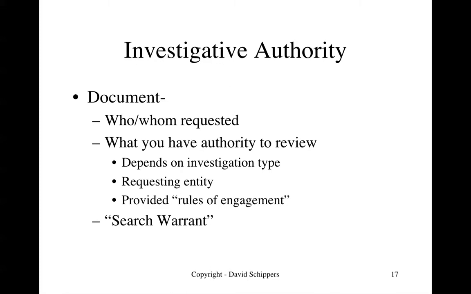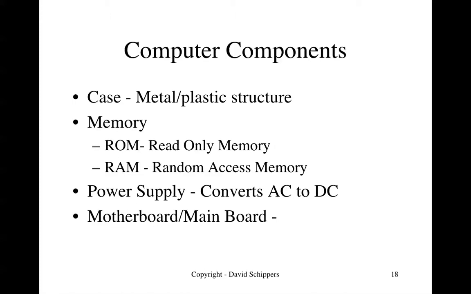You don't get to just go in and say, I'm going to review this particular person or device for everything. Frankly, it can take you weeks or months to do that, so you're going to have to pick and choose. So what we're talking about here is somewhat similar to a search warrant from a CJ perspective. It may be somewhat open-ended, but you're definitely looking for certain things, and that's often restricted on what you can and cannot look for. So that's the concept of rules of engagement from an investigative authority perspective.